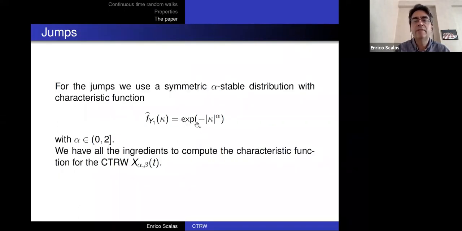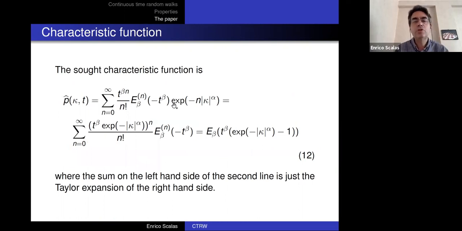It is stable. You have this nice exponential. If you sum n of these random variables, you just get the exponential of minus n times the absolute value of k to the power of alpha, which is what I put here. And then you regroup again, and you get this formula here, which is the Taylor expansion of the right-hand side. So you are able to write this characteristic function in this form here, equation 12, which we are now using for scaling.